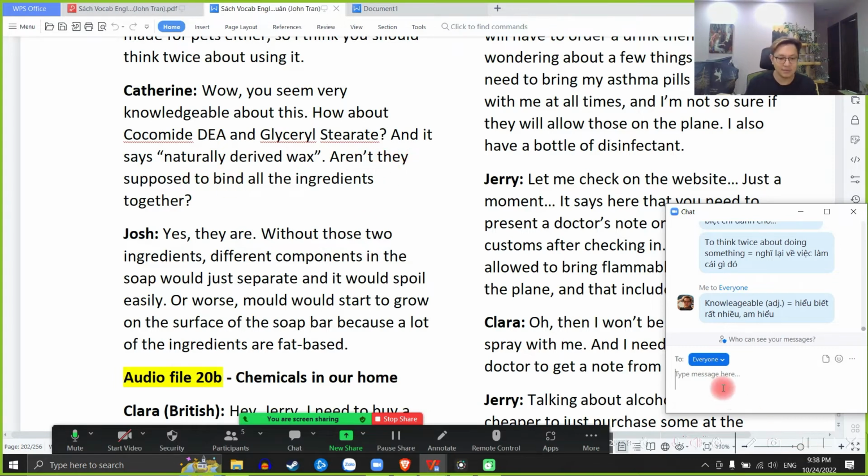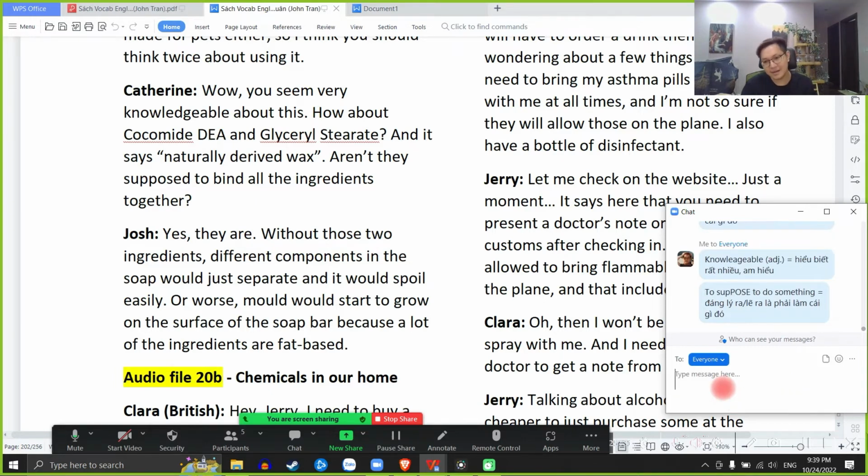Aren't they supposed to do something? Supposed to do something. Đáng lý ra, lẽ ra là phải làm cái gì đó. Aren't they supposed to bind? Chúng đáng lý ra là phải kết dính tất cả những thành phần lại với nhau, đúng không?